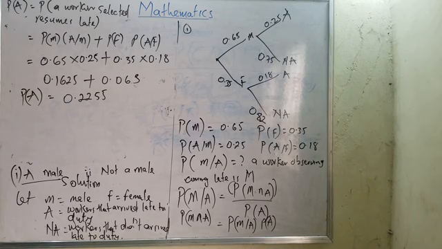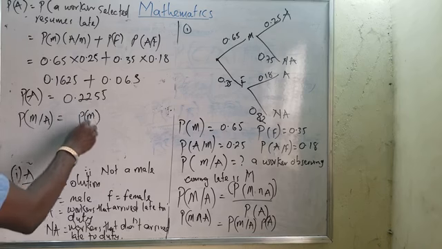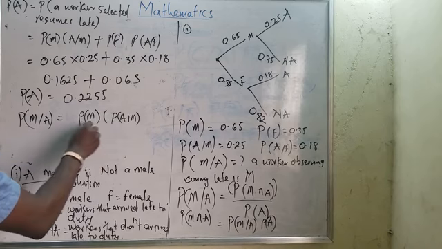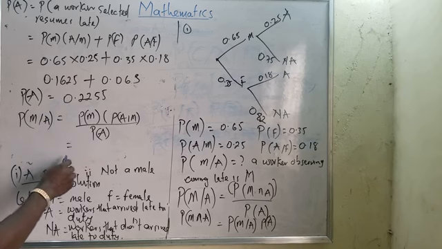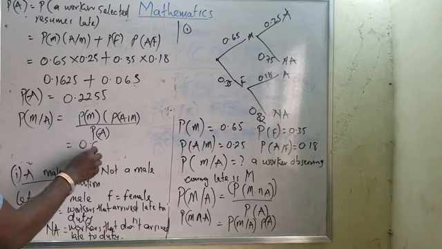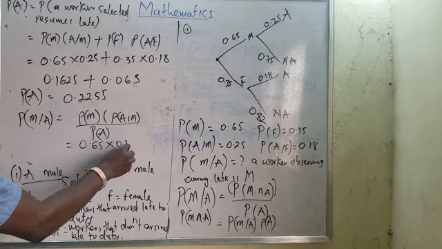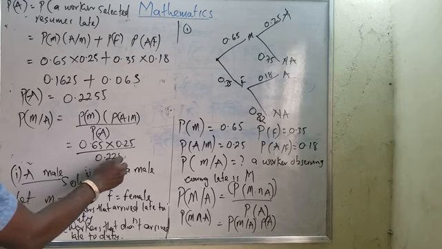The second thing now is the probability of M of A, which will be equal to probability of M times probability of A of M divided by probability of A. Which will be equal to 0.65 multiplied by 0.25 divided by 0.2255.